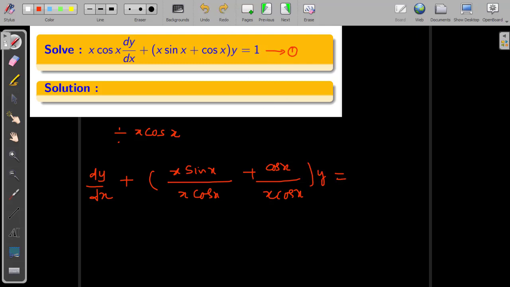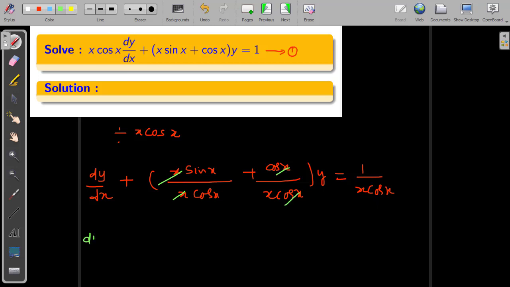We need to divide by again x cosine x, meaning 1 by x times cosine x. I hope you understand. It's simple. Here x times cosine x will cancel out, and cosine x by x cosine x equals 1 divided by cosine x. Now we still need to simplify this: x cancels out here, cosine x cancels out.